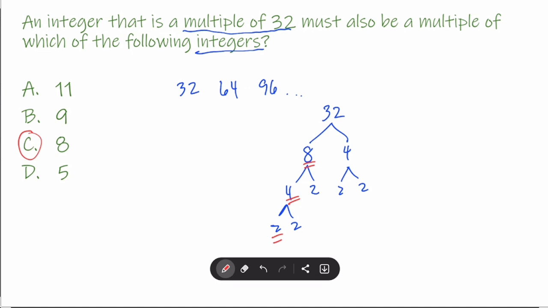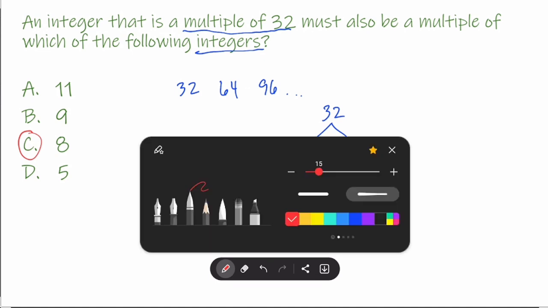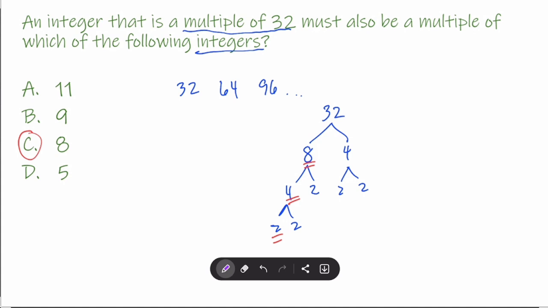Those factors, we call them factors of 32, are the ones that can also have the multiples of 32. So for 32, these are 1, 2, 4, 8, and of course itself.